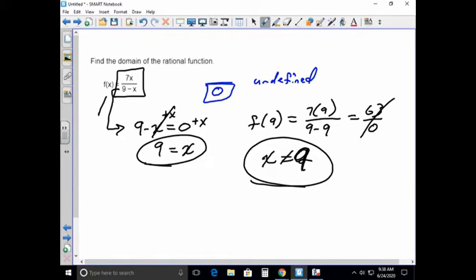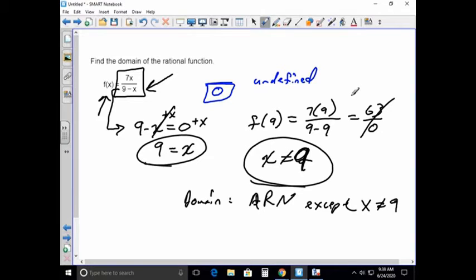Any other number that we plug into our function, we'll get some answer for. It might end up being a fraction for our answer, but we would get some answer. Any other number, we would get something other than 0 on bottom. But when x is 9, the denominator is 0, which we can't have. So our domain in words is all real numbers except x cannot equal 9.